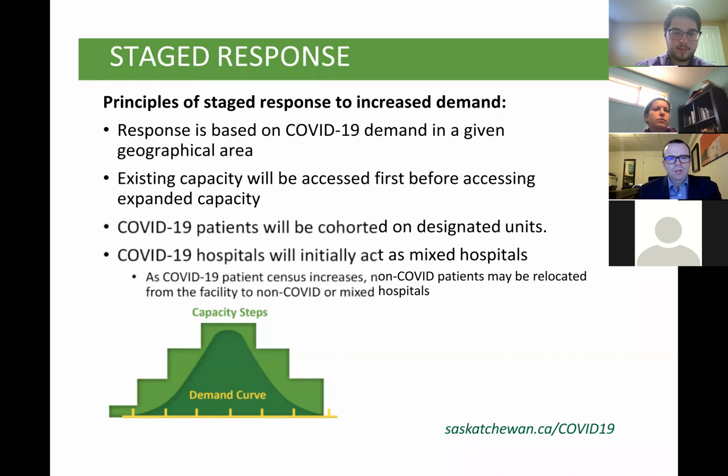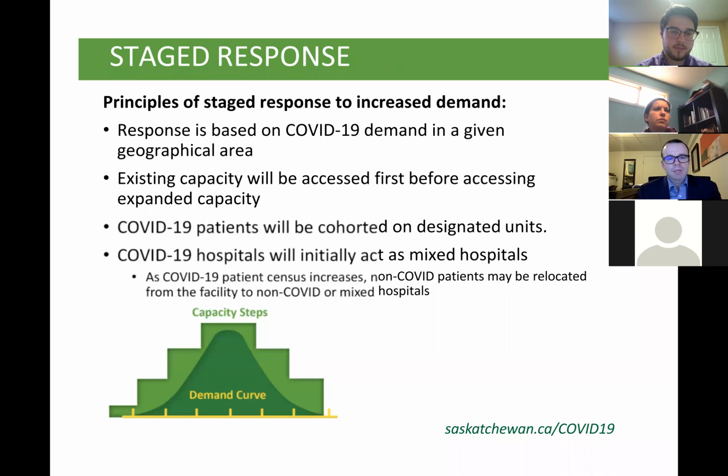I mentioned earlier the existing capacity, about 1,000 acute care beds in the system right now. We would access that existing space first before we would be activating these additional spaces. Our plan is premised on cohorting COVID-19 patients together on designated units, and then potentially designating hospitals as COVID-19 hospitals.